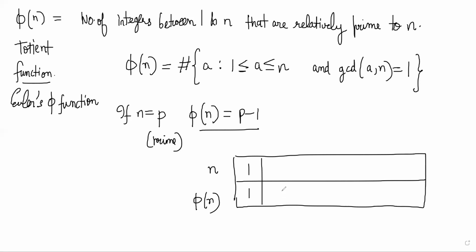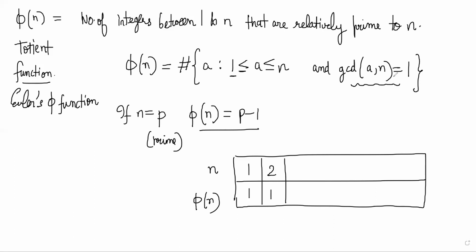When n is 2, phi of n will be 1, because GCD of 2 and 2 is 2.